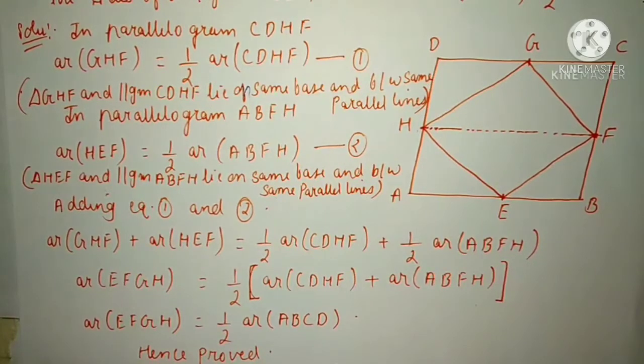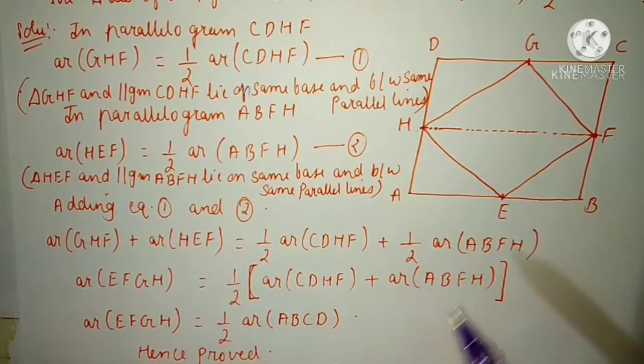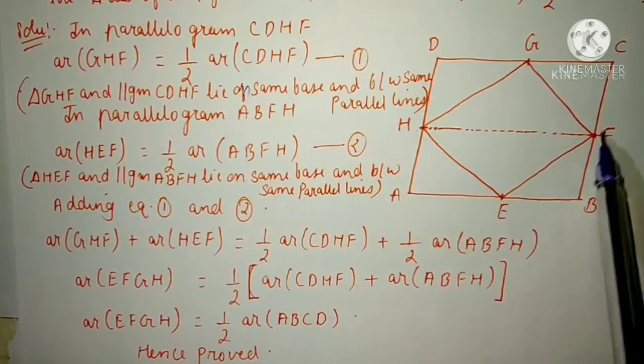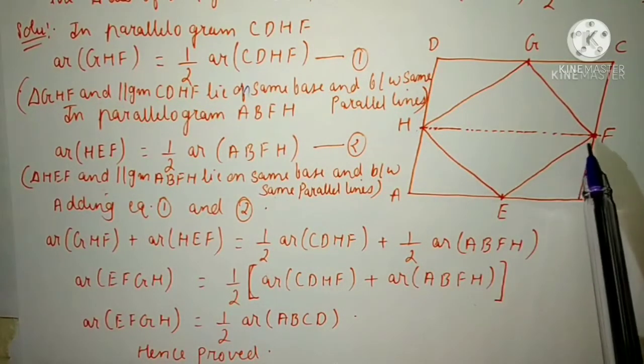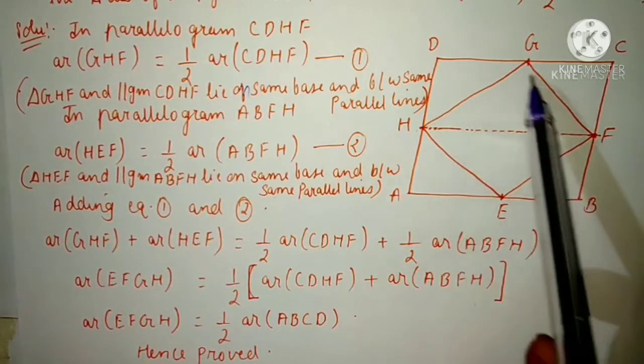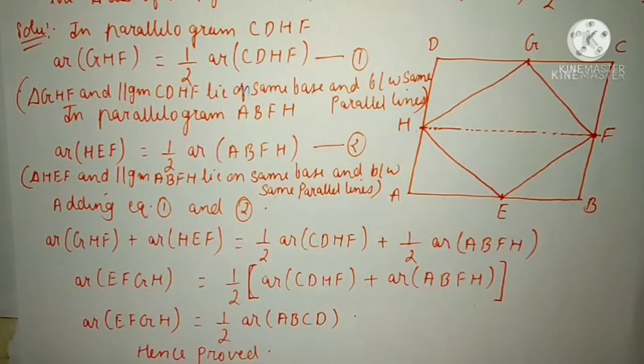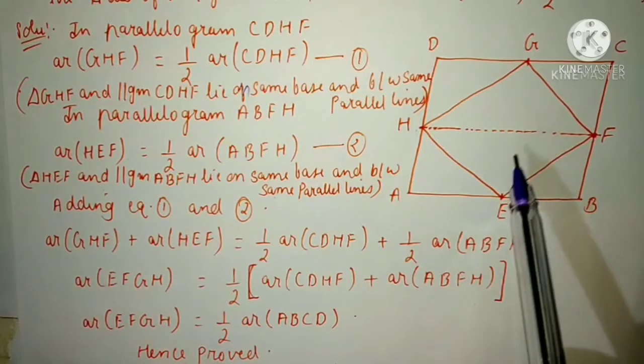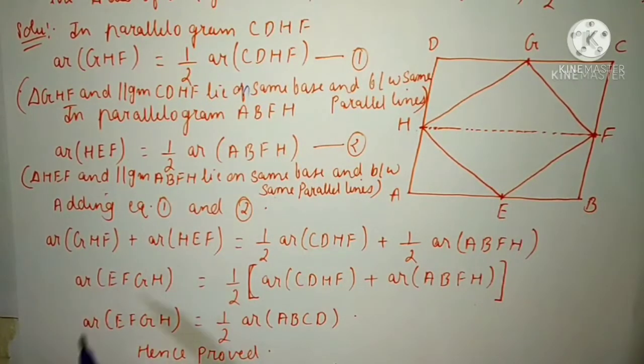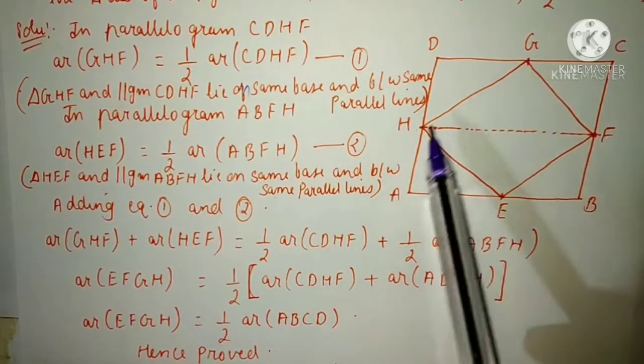Okay, now see, area of triangle GHF plus area of triangle HEF will be equal to area of this full quadrilateral or parallelogram. Okay, so the sum of these two triangles will be equal to area of EFGH.